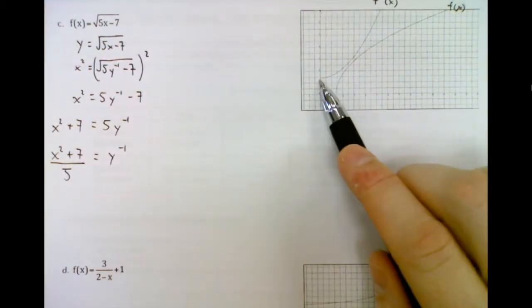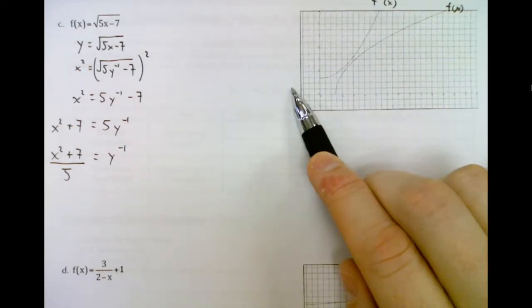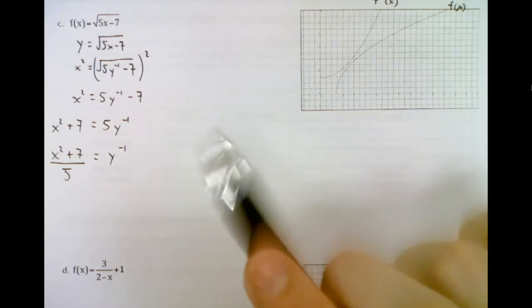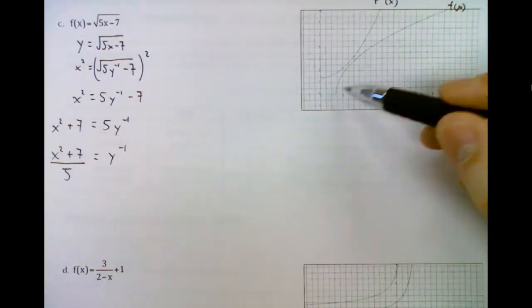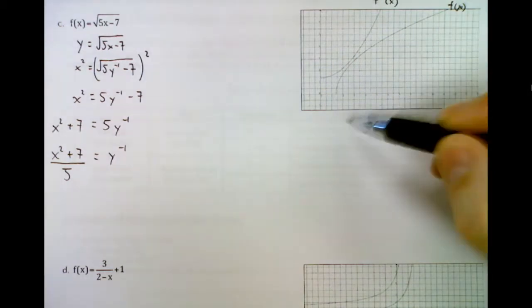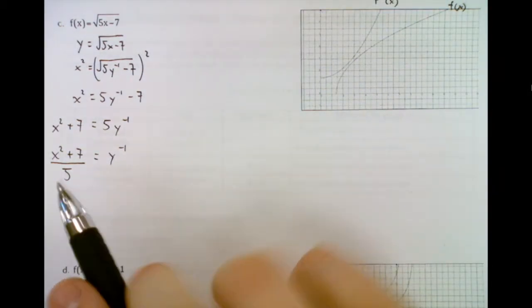But if we look at our function, we don't have an entire parabola. We just have part of a parabola. And the reason why is because there's a restriction on the original function that says it's only the positive root. So we have only this branch. So what's that mean about our inverse? Well, there's a restriction on our inverse function.